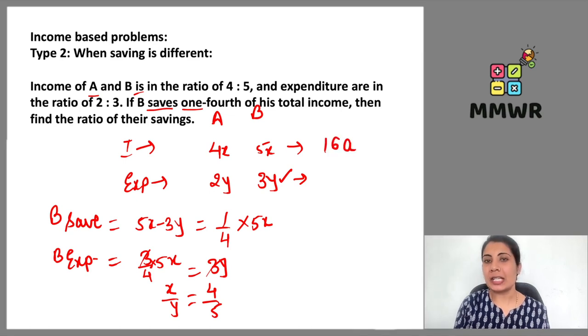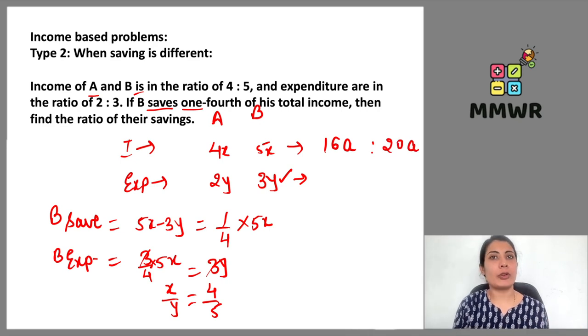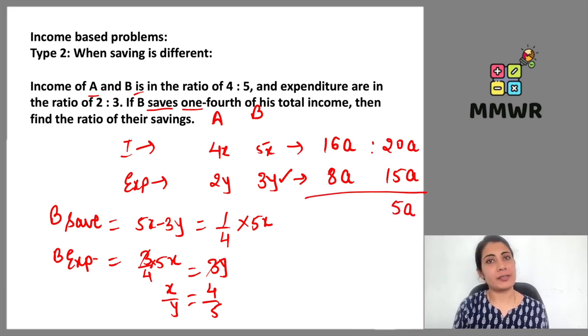So this gives me 16a and 20a, which is going to be the income for A and B. Then we have 8a and 15a, which is going to be the expenditure for A and B. Now the saving for B is going to be 5a, which is of course 1/4 of 20a. 1/4 of 20 is 5, so 5a, and 3/4 of 20 is 15, which is the expenditure of B.